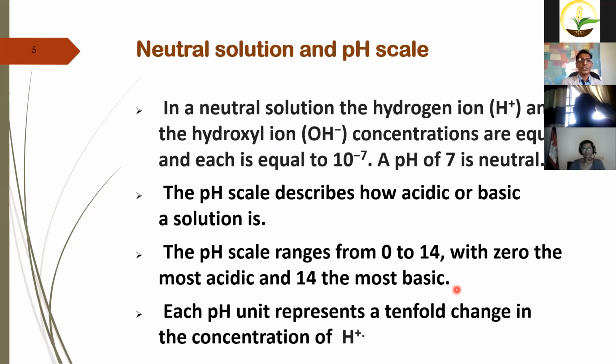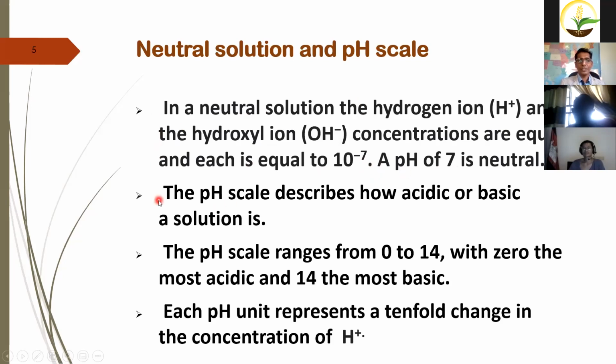So what is a neutral solution? We're going to cover a little bit about the pH scale. In a neutral solution, the hydrogen ion and the hydroxyl ion concentrations are equal, and each is equal to 10 to the power of minus 7. A pH of 7 is neutral.